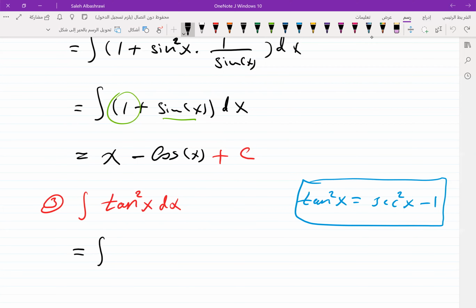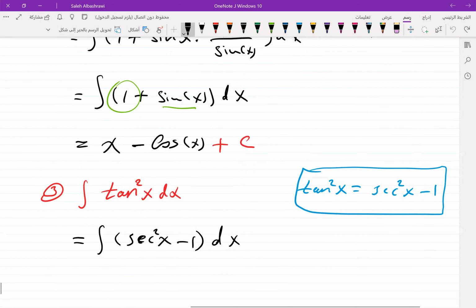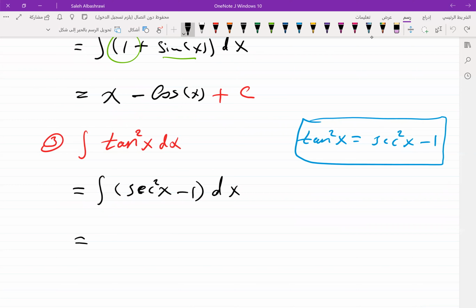So this function, tangent squared, can be written as secant squared x minus 1 dx. And we know the integration of secant squared is equal to tangent, minus the integration of 1, which is equal to x, plus constant c, because this is an indefinite integral. So this is tangent x minus x plus the constant c.